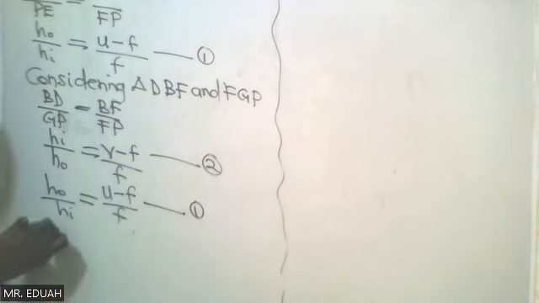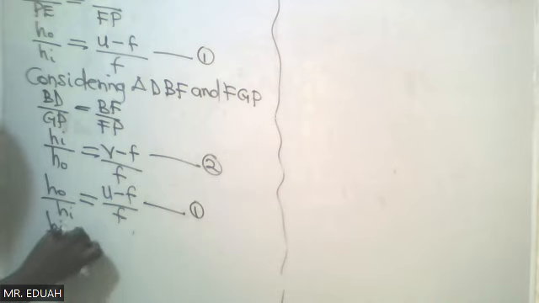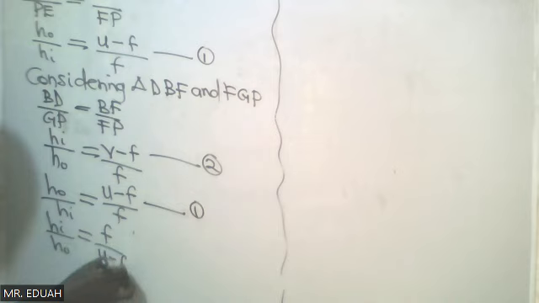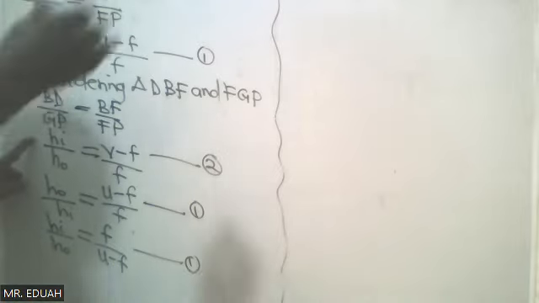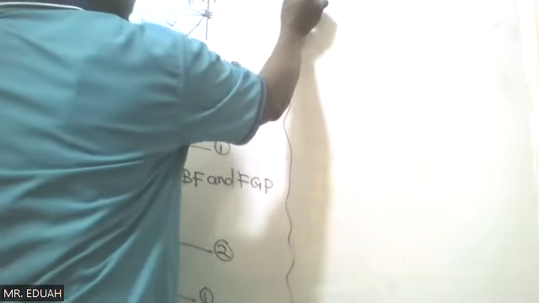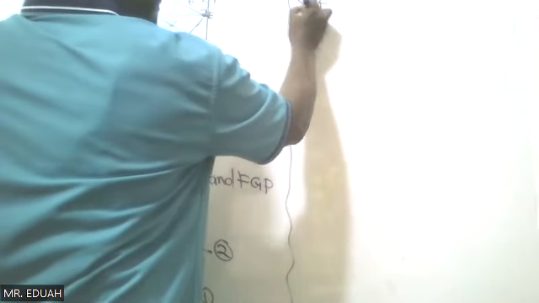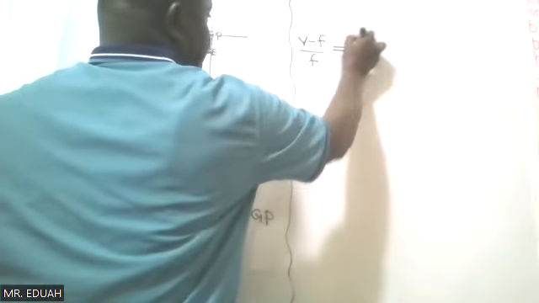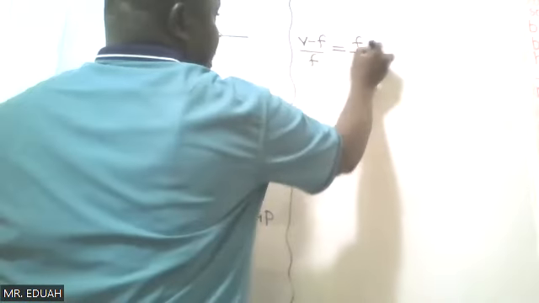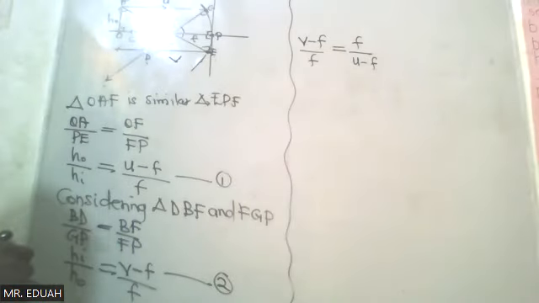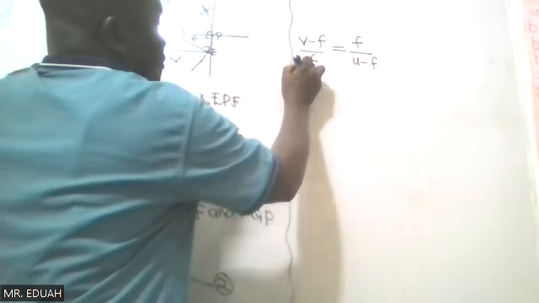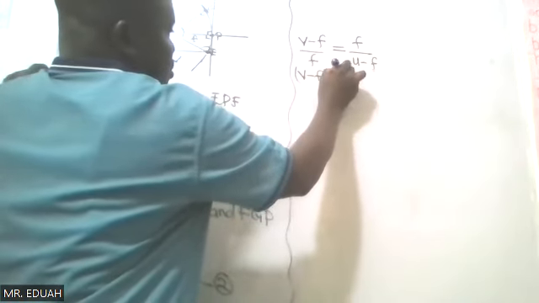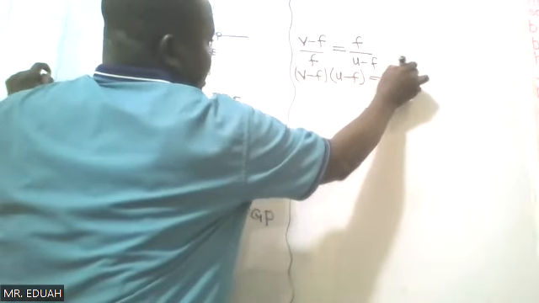So we invert it: HI over H naught will be equal to F over U minus F. We equate equation 1 to equation 2, and so we have V minus F over F equal to F over U minus F. When we cross multiply, V minus F times U minus F is equal to F squared.